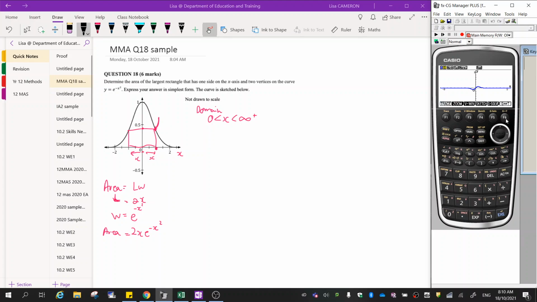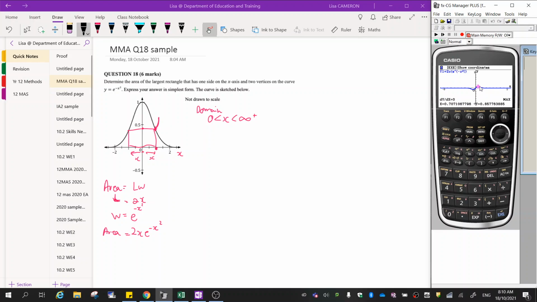If this was calculator allowed, I could G-Solve straight away to get the max. Boom, there it is. But we can't do that. So even though I can see where it is, the other thing that I can see is that here it's going to be 0, so it's not down at 0. There, that's my max, and then it goes back down over here.